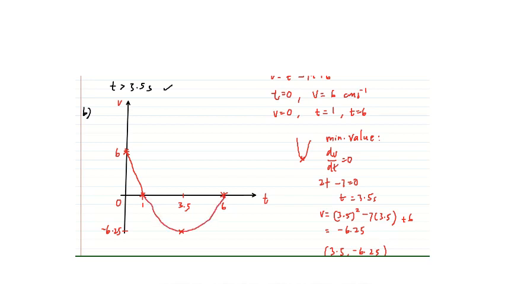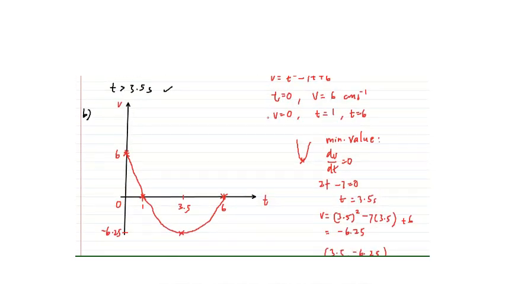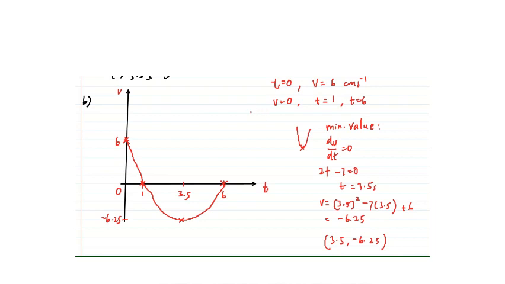The shape is like this. Sketch the velocity time graph for the movement of the trolley from 0 until 6 seconds. So we finish our solution for question number 14.